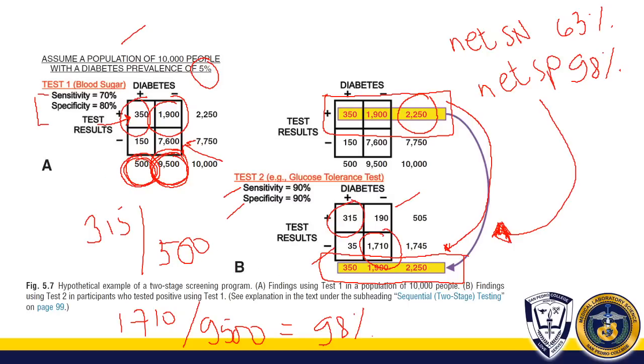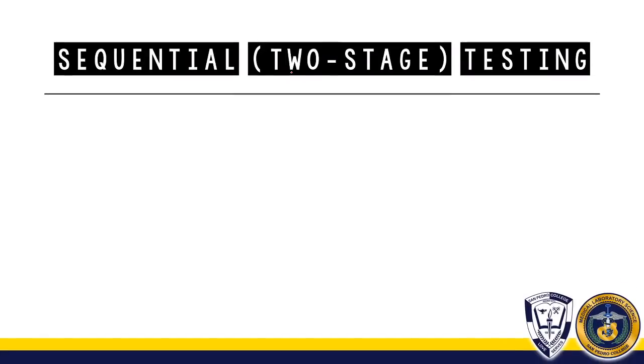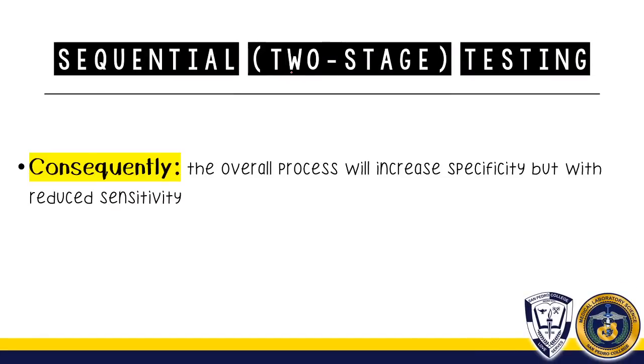If you look at the original values of sensitivity and specificity, our net sensitivity is actually lower, but our net specificity actually increased. I mentioned that earlier, diba? The consequence of your two-stage testing is that the overall process will increase your specificity but would actually reduce your sensitivity.